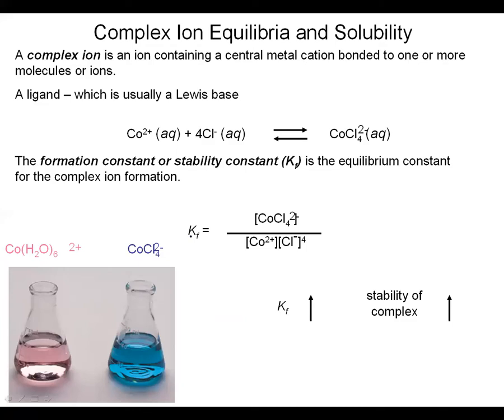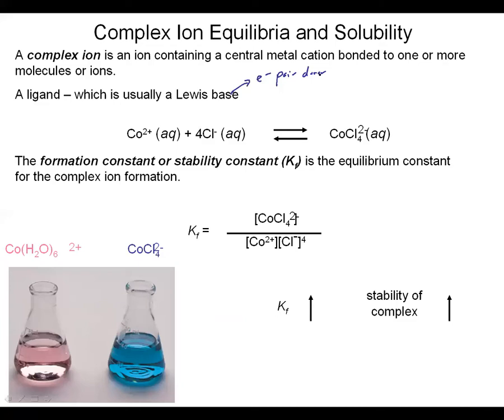These are what are referred to as ligands. Ligands are usually Lewis bases. We talked about Lewis bases, and if you remember, Lewis bases are electron pair donors, so they donate an electron pair.